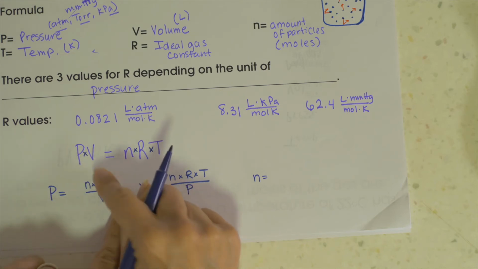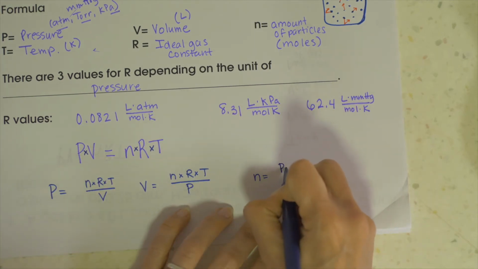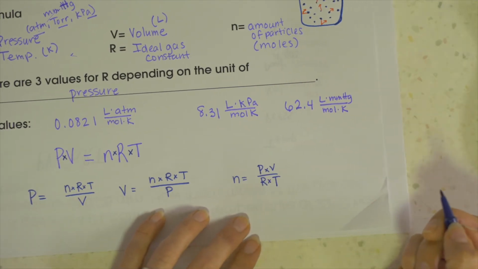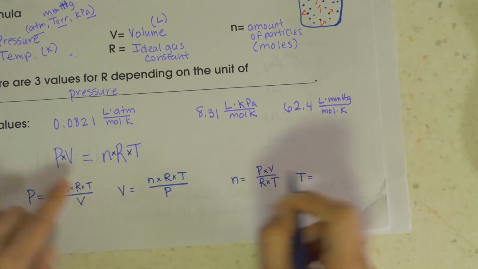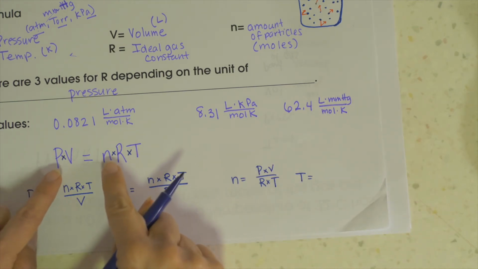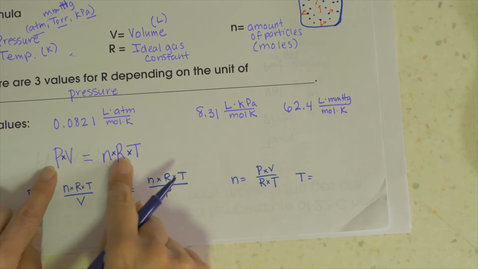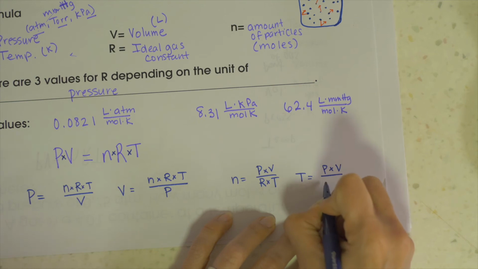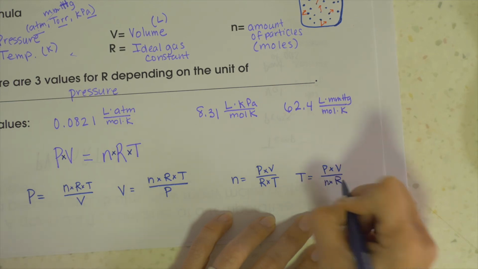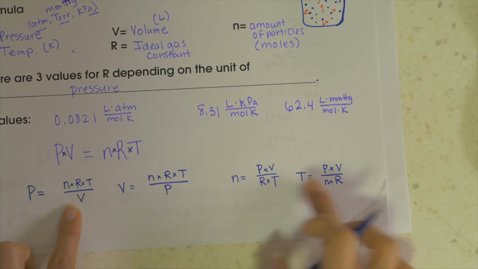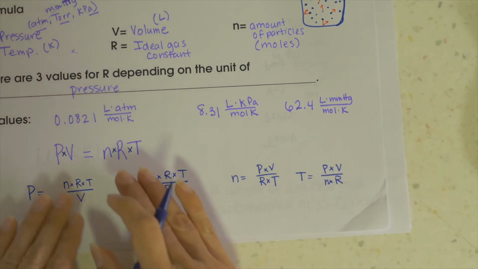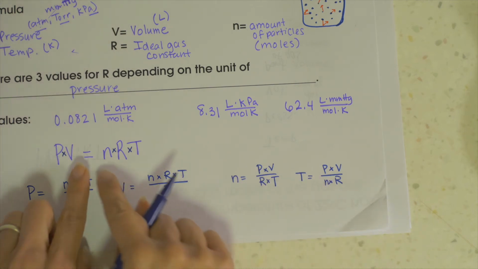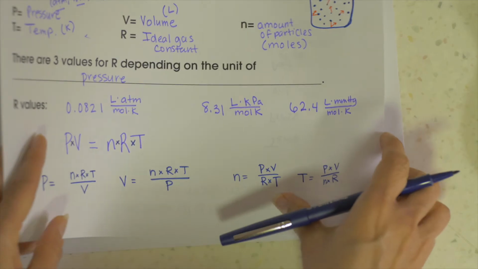So dividing the PV by the RT, I'd have N equals P times V over R times T. And then finally, if we had temperature missing, same thing, I'd have to isolate by dividing by the N and R, the PV divided by N and R. So we would have P times V divided by, in this case, N times R. So you might want to write these down if the algebra somehow bothers you. You can have these to help you through some of the homework problems, but make sure that you know how to manipulate an equation to get your answer.